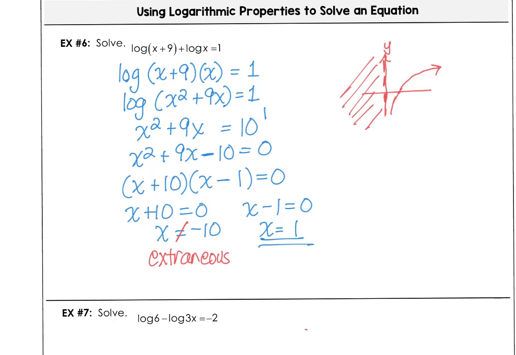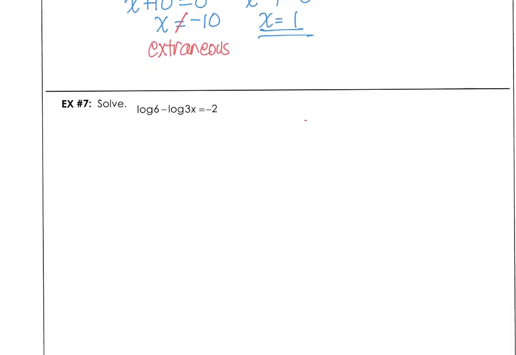Then for example 7, again, I've got to combine the left side, so the log of 6 minus the log of 3x can be combined using the property of logs. The difference of two logs is the log of the quotient. So our number, 6 divided by 3x, simplifies to be 2 divided by x.